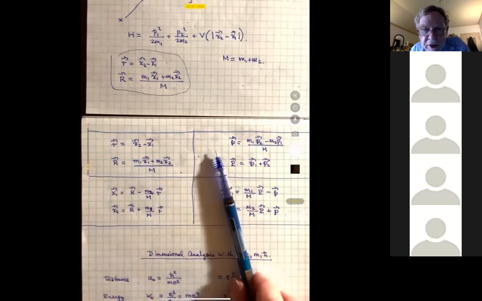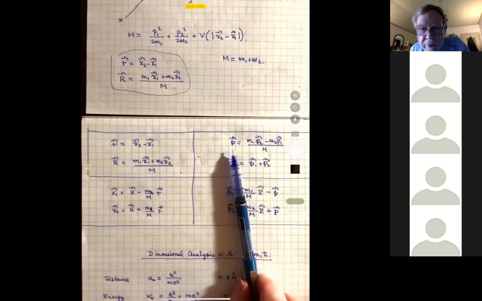There are various interpretations of this p, and I'll just give you one of them. It is that if you go into the center of mass frame, then this momentum p is, to within a sign anyway, the momentum of one or the other of the two particles. I mean, in the center of mass frame, by definition, the total momentum is zero. So the momenta of the two particles have to be equal and opposite each other.